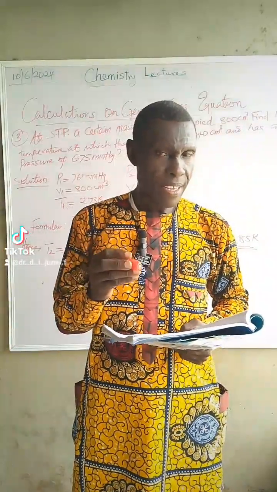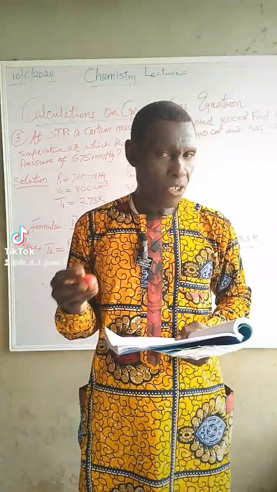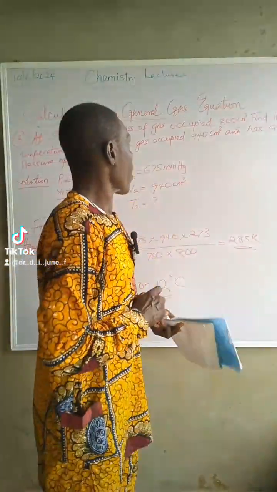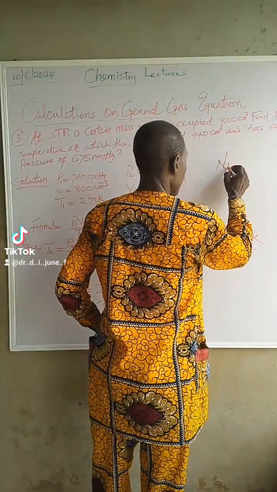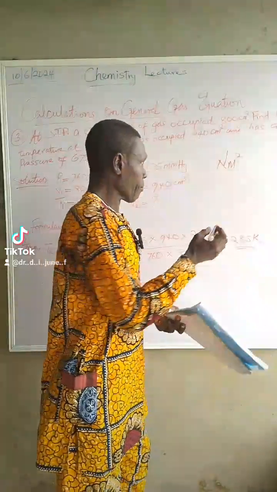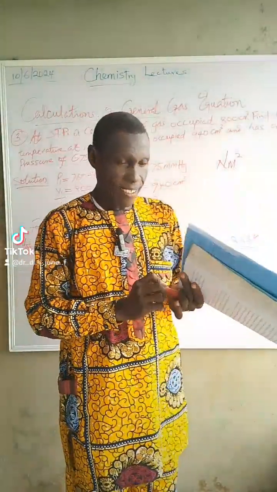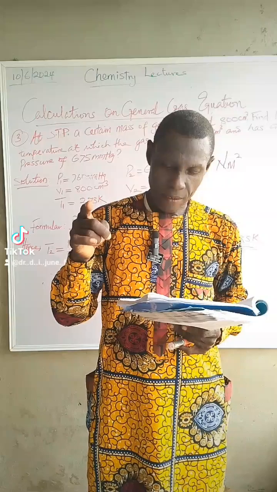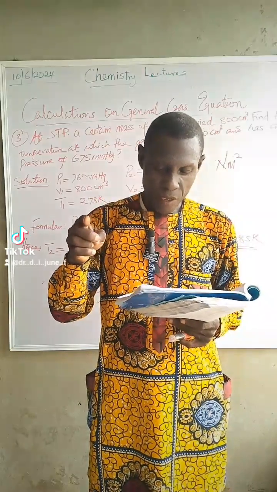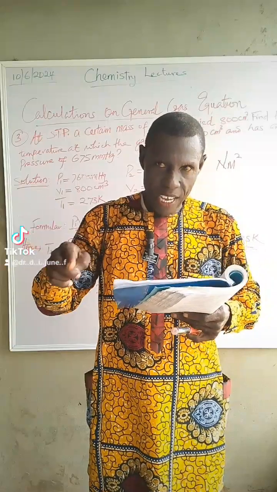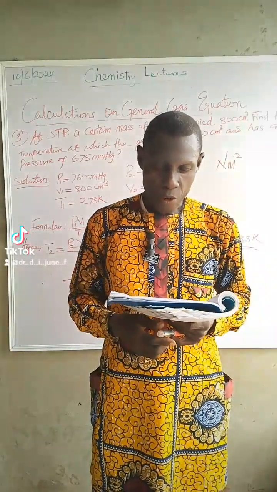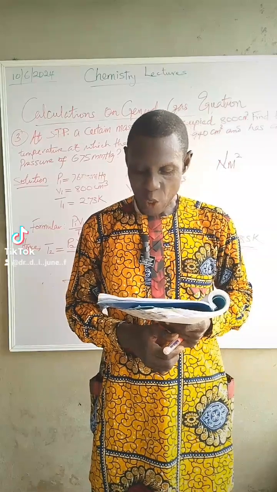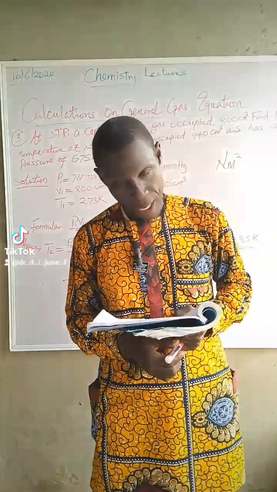Now look at this information before I continue. At STP, that is at standard temperature and pressure, if the unit of the pressure is in Newton per meter square, it means that P1, which is the initial pressure, will be 1.01 times 10 to the power 5 Newton per meter square.